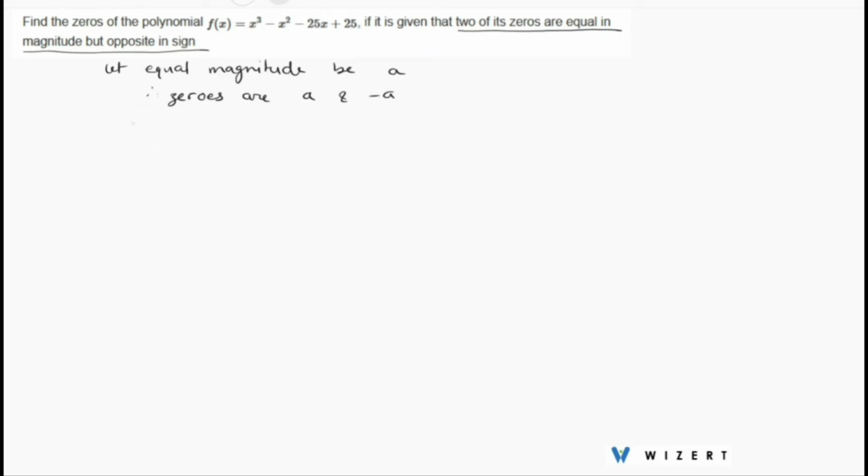So what we can say is x plus a and x minus a are factors of f(x) by the factor theorem.